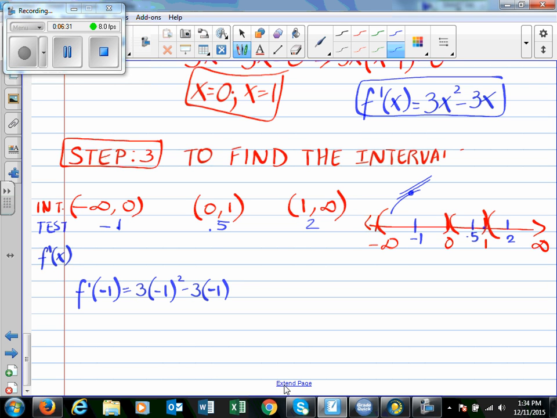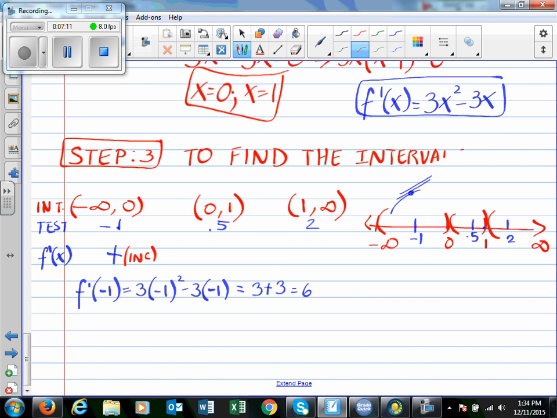All I did was, step 1, get the interval. Step 2, pick the test value. Step 3, find f prime. So this is going to be 3 plus 3. So the answer you get is 6, which is positive. All we're looking for is not the number, but whether it's positive or negative. So it's positive, therefore the function is increasing.